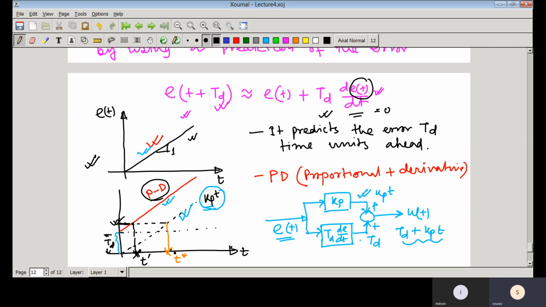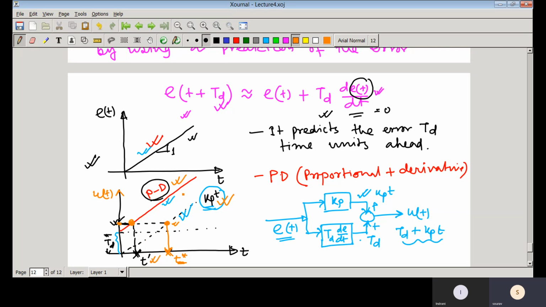I am repeating it again. Suppose at t equal to t star, this is the control input because this is u(t). If you only use proportional controller, that much control input will be generated at t equal to t star. But if you use PD controller, you can see that the same amount of control input you get at t dash.